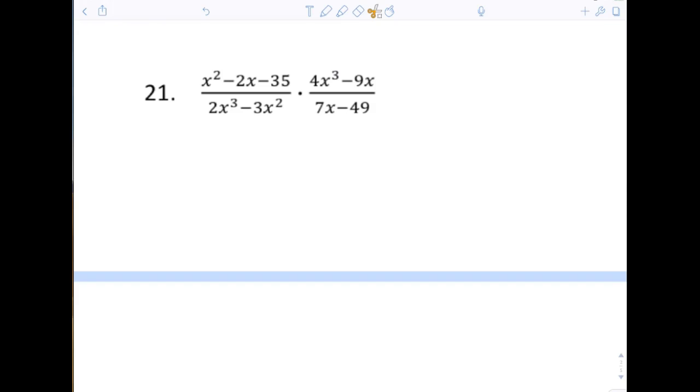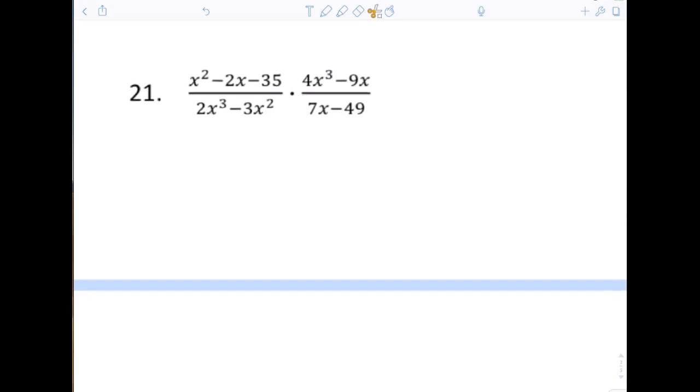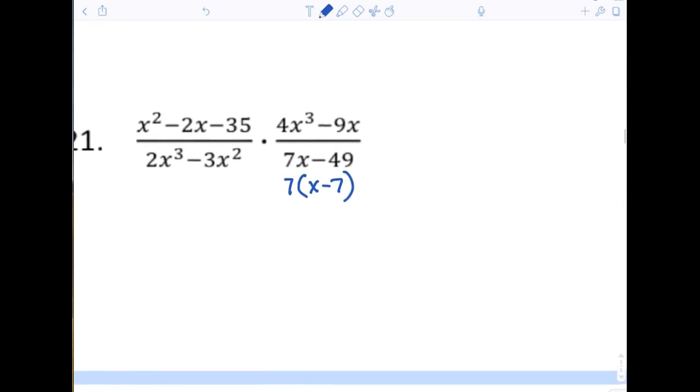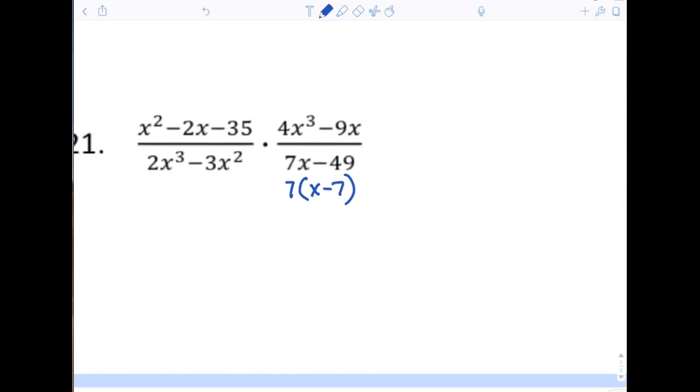All right, let's see how far you got. In my opinion, I always just look for the easiest ones to start out with. So 7x minus 49. What's common? 7, right? So here we go. 7 parentheses x minus 7. So the numerator of that, what's common? X. That's right.